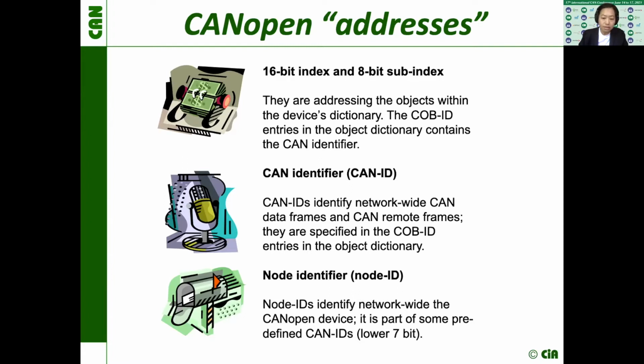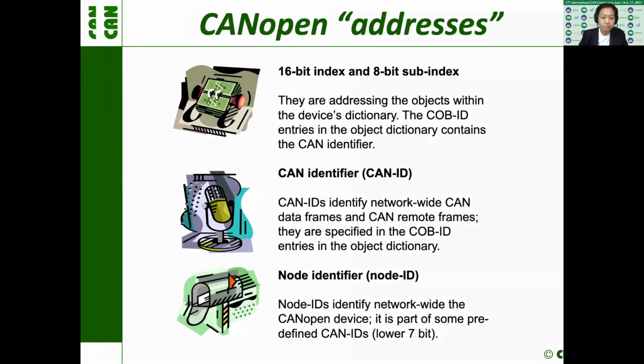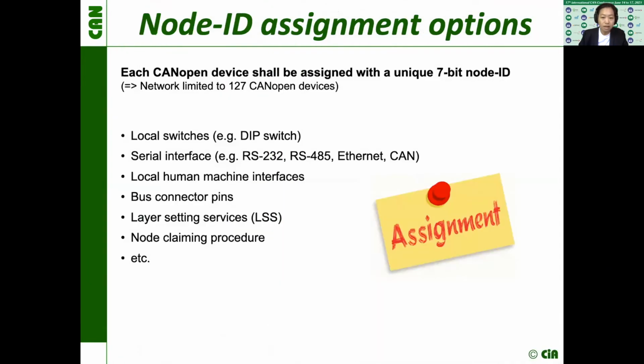Without such an assignment, a CANopen network cannot start operation because devices can't be correctly addressed.